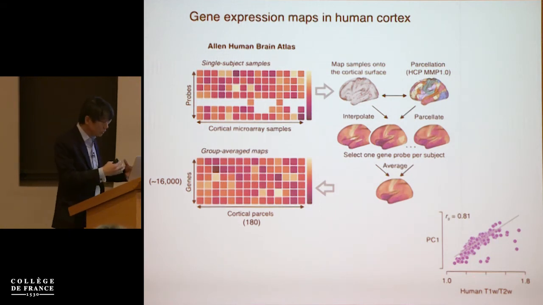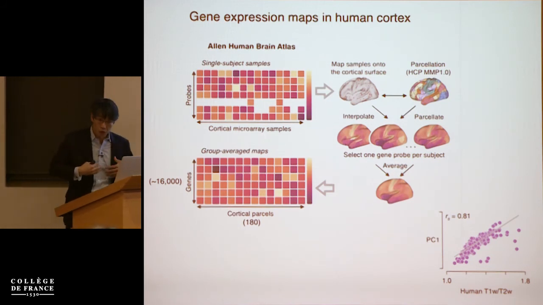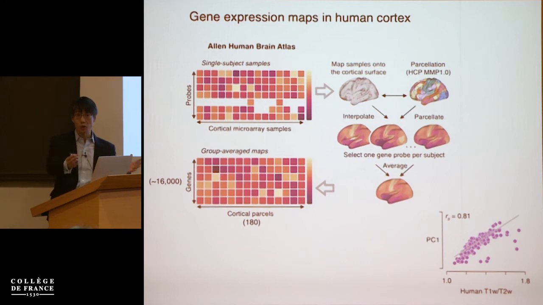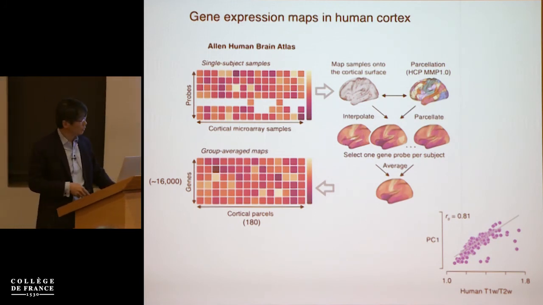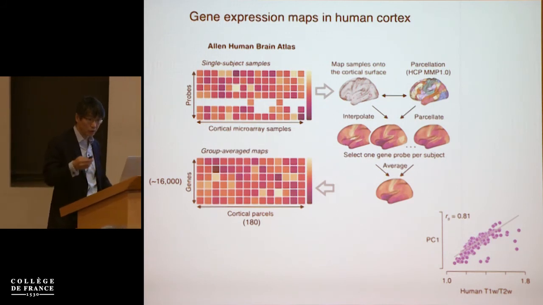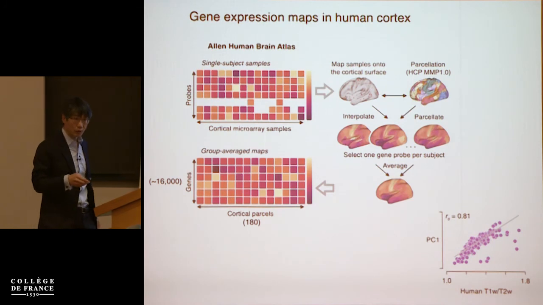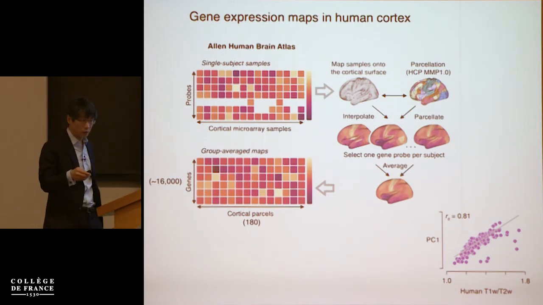Suggesting again that even the collective gene expression seems to change systematically along certain low-dimensional axes like the T1-T2 ratio, which is quite interesting, right? It's not random heterogeneity.